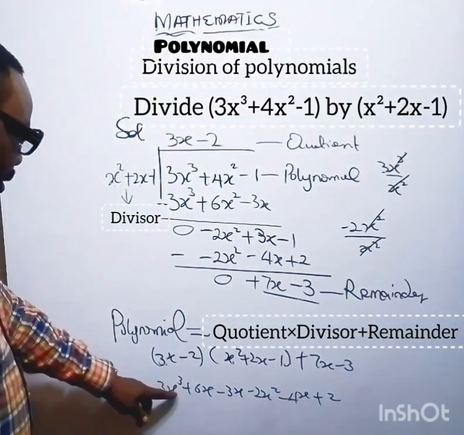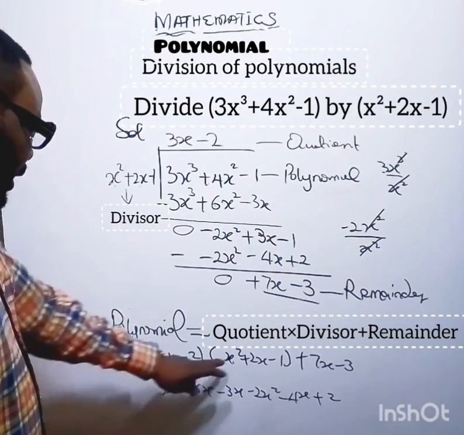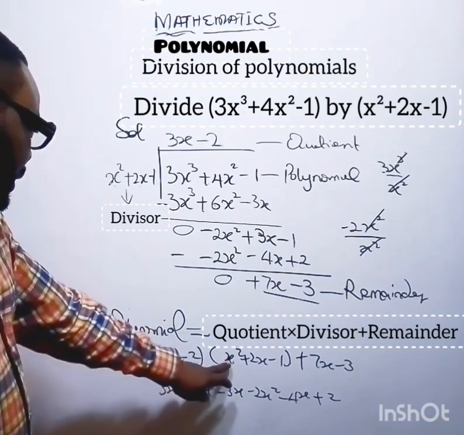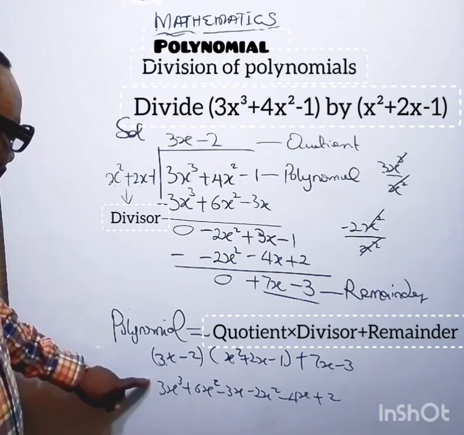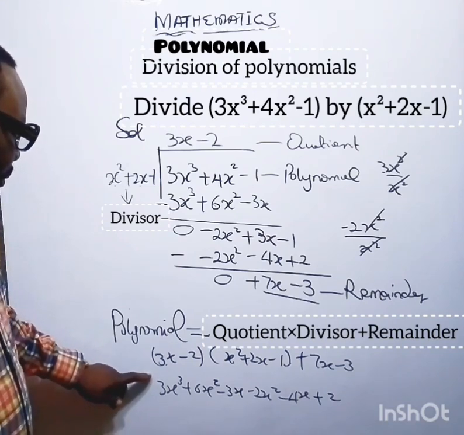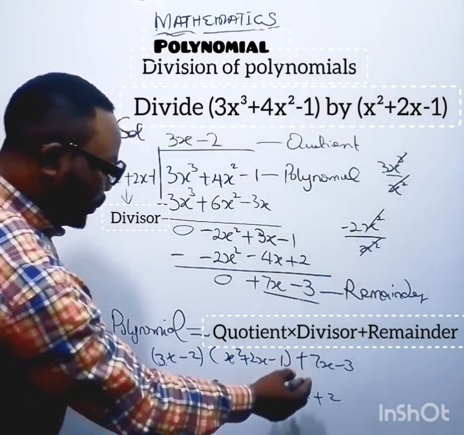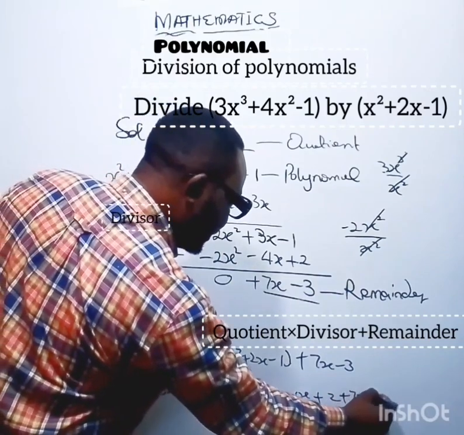In this case, we can now collect the like terms. We have the like terms, 3x squared, plus 6x squared, then plus 7x minus 3.